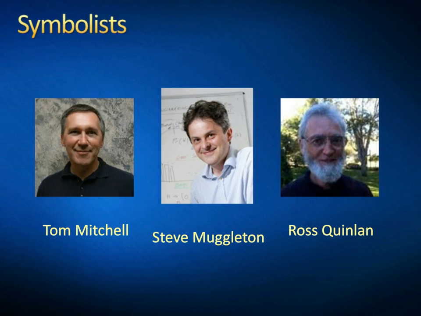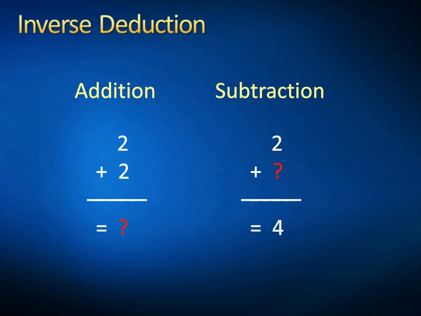The most basic idea in symbolic machine learning is to view induction as the inverse of deduction. Learning is induction. Induction is going from specific facts to general rules, and you can view that as the inverse of deduction, which is going from general rules to specific facts.